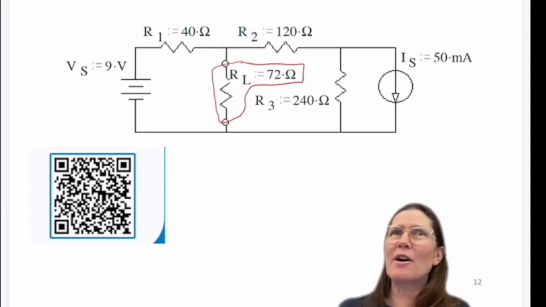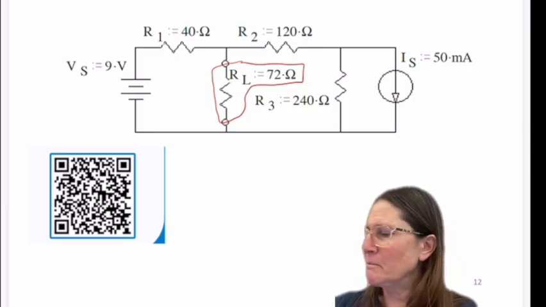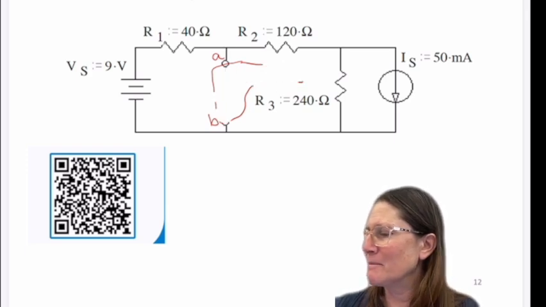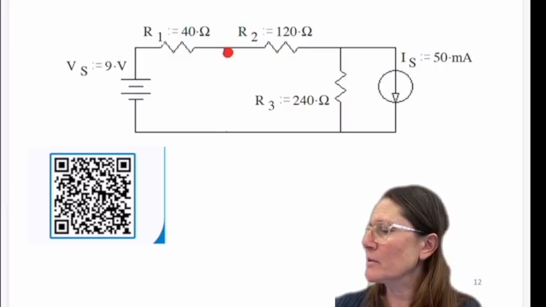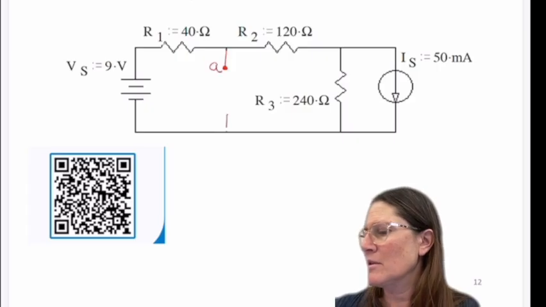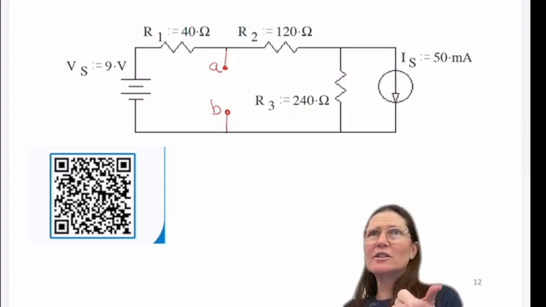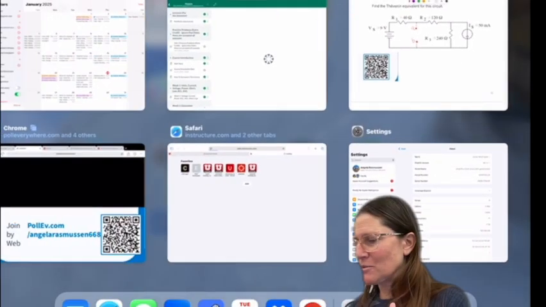So you're going to take that out, put A to B there, and find the Thevenin for this circuit. I'm going to make this easier to see by just fully removing that. Okay, so go ahead and try to find the RTH, the VTH. If you haven't met your neighbor, meet your neighbor and work together with them.